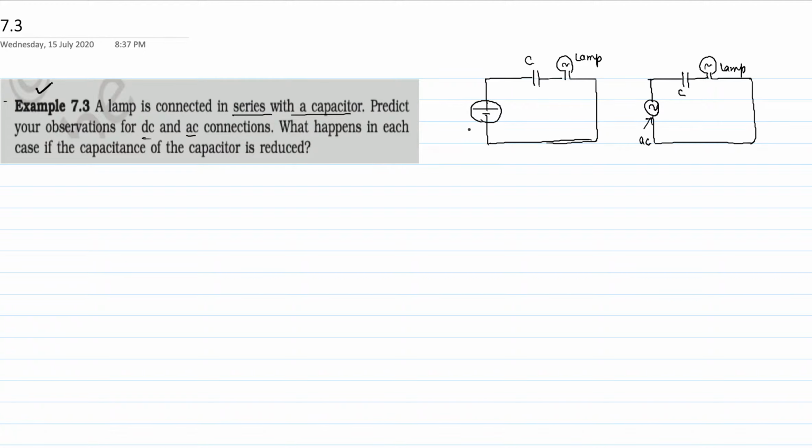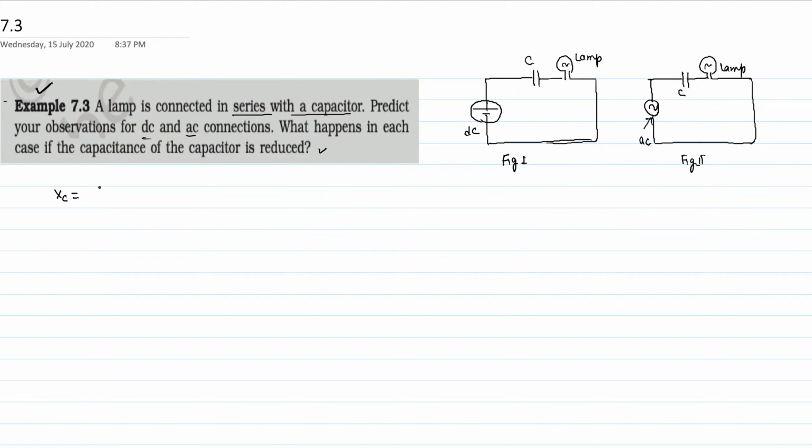So predict your observation for DC and AC connections, and what happens in each case if the capacitance of the capacitor is reduced. This is figure number 1 and this is figure number 2.